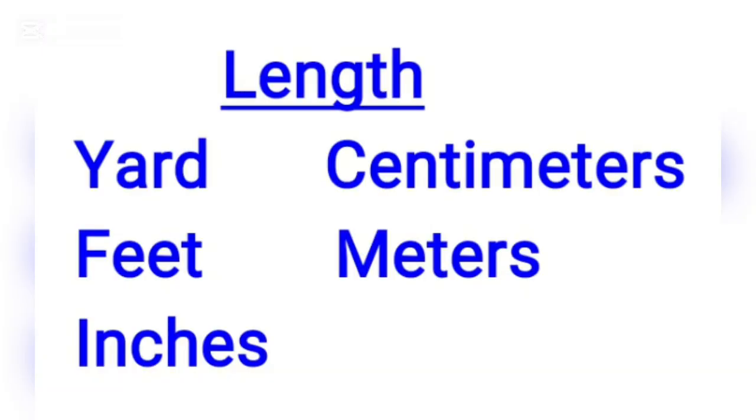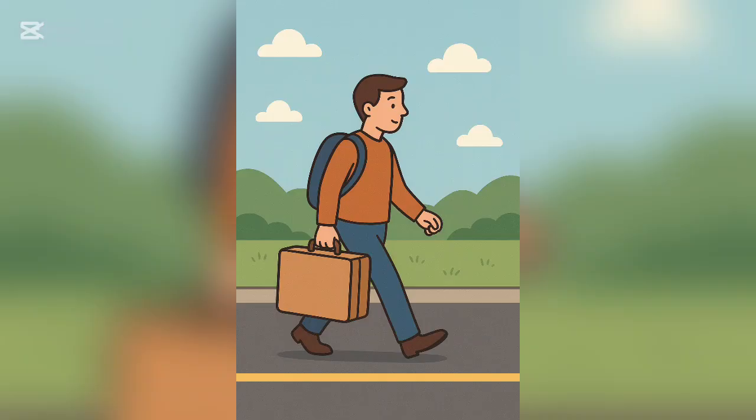The measurement of length can be done in yards, feet, inches, centimeter, meters, etc. For instance, if someone is to travel to another part of the world to buy grains and is familiar with buying grains in tons, he was told we sell in kilogram. I just imagine the confusion that his face will give.